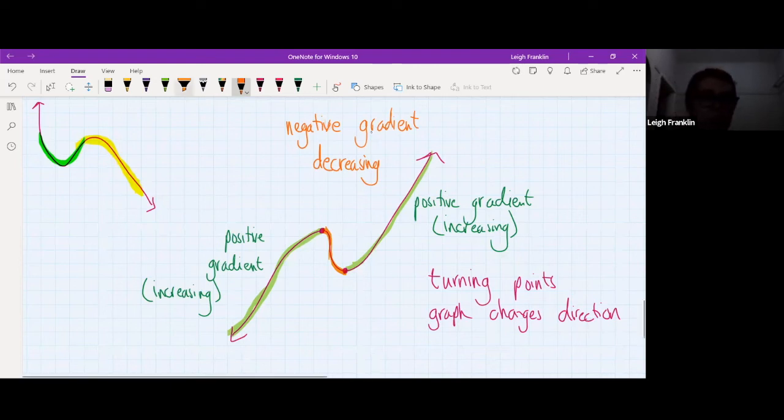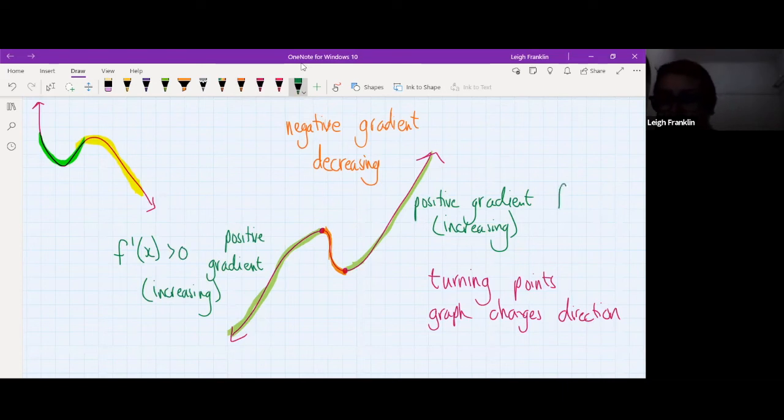What's the other name that we give to gradient in this case? There we go, the first derivative. Yes, lovely, the first derivative. So the first derivative is the gradient at a particular point. So the other way of us being able to write that the gradient is positive is like this: f prime x is greater than 0.